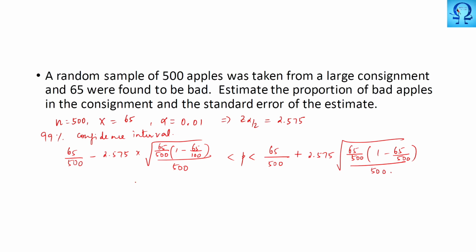Okay, and when you make the calculation and simplify it, you would get 0.1261 less than p less than 0.1339. So this is what we will have.